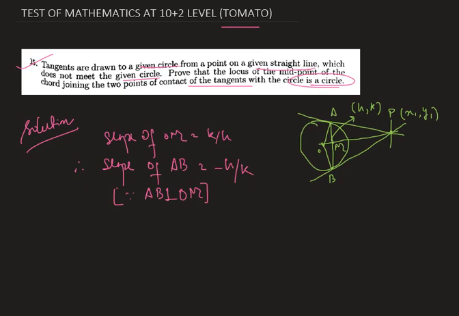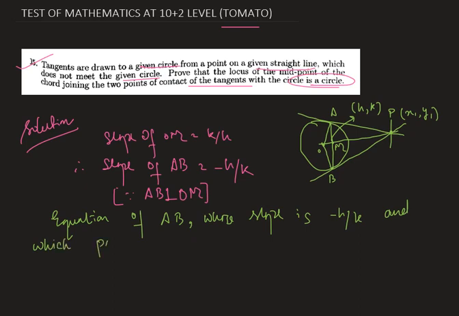Therefore the equation of AB, whose slope is minus h by k, and which passes through the point h, k, is y minus k is equal to minus h by k multiplied by x minus h.